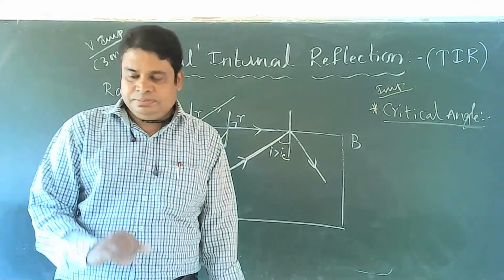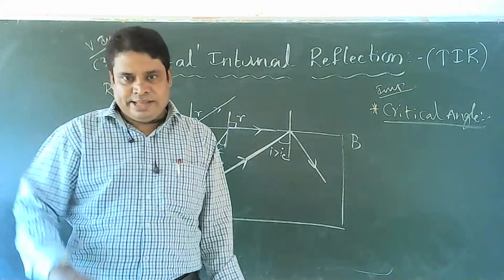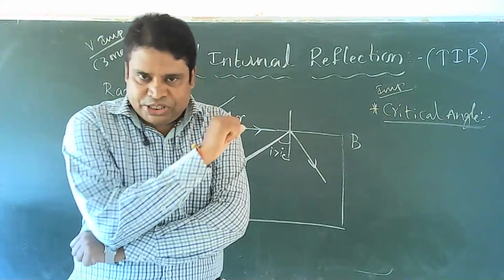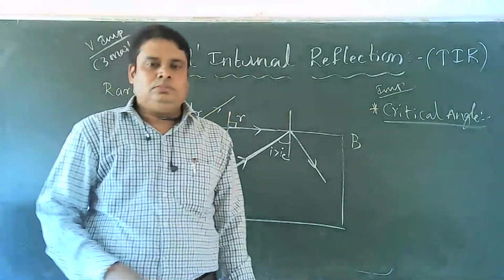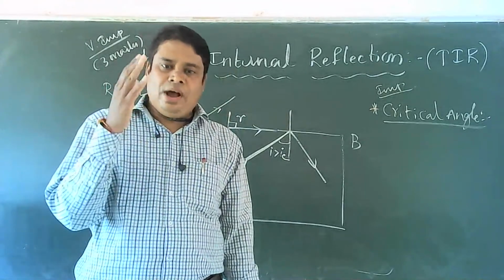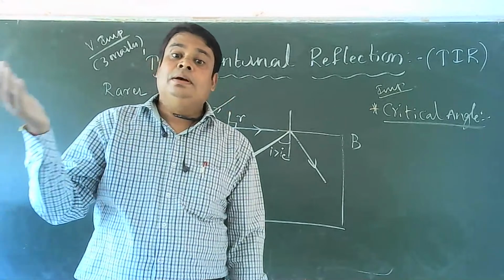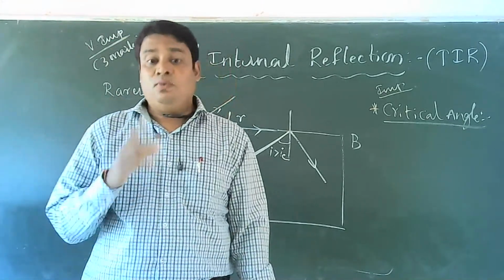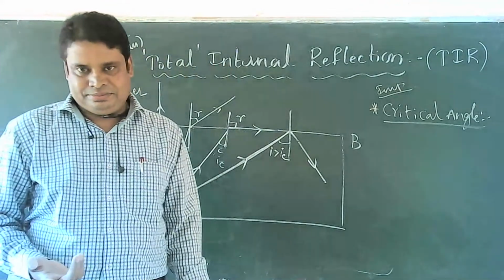What is total internal reflection? Define total internal reflection, 1 mark, 2 marks. Total internal reflection is a phenomenon in which a ray of light reflects totally in the same medium when the angle of incidence is greater than the critical angle.